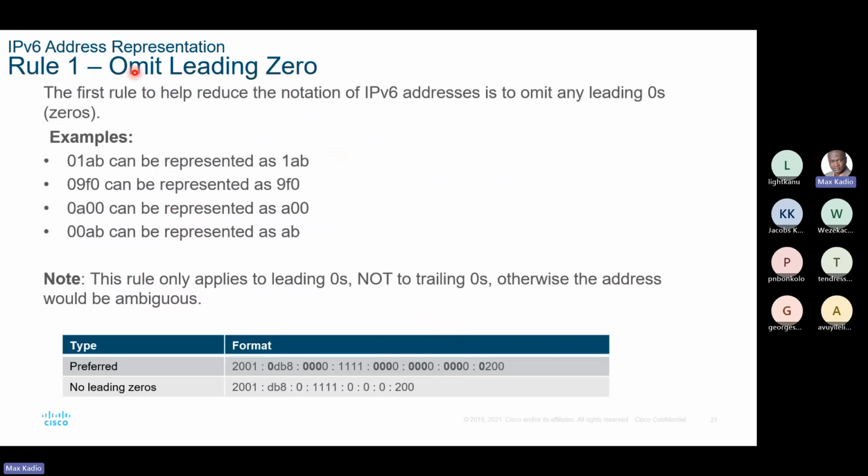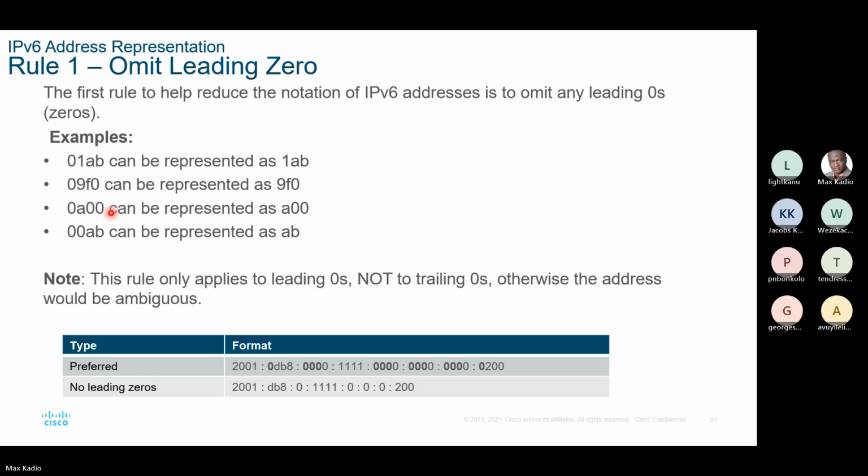Rule number 1: omitting leading zeros. Only leading. For example, if you have 01AB, you can change it to 1AB directly. If you have 09F0, the leading zero only, you can omit it.